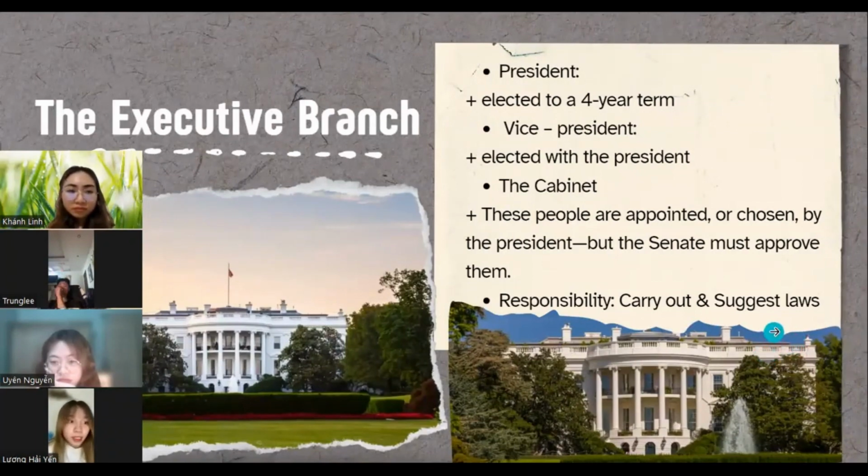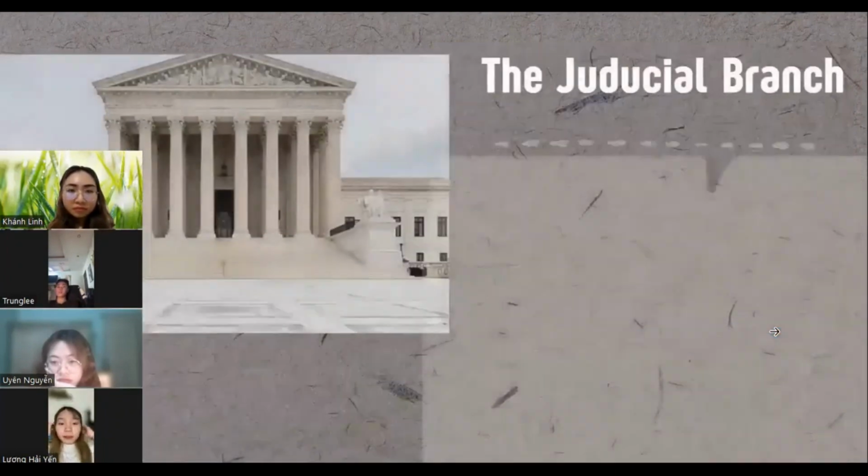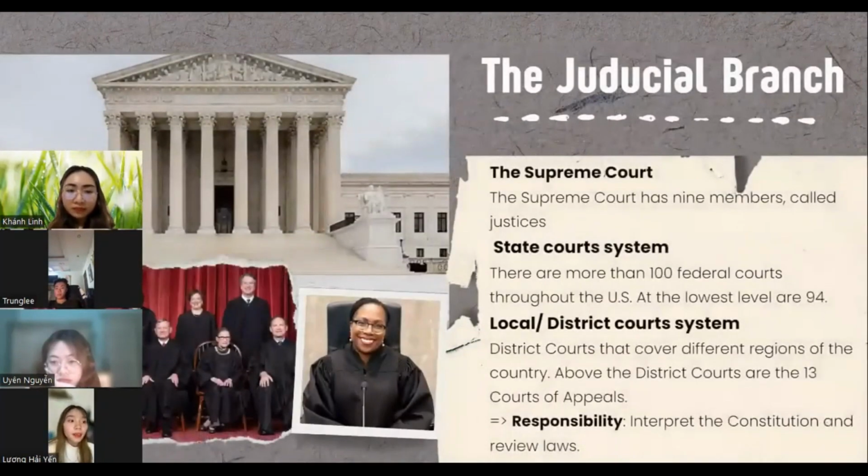And the last branch is the judicial branch. It is the federal court system headed by the Supreme Court. The Supreme Court has the power to overturn laws that do not agree with the U.S. Constitution. The next is the state court system.